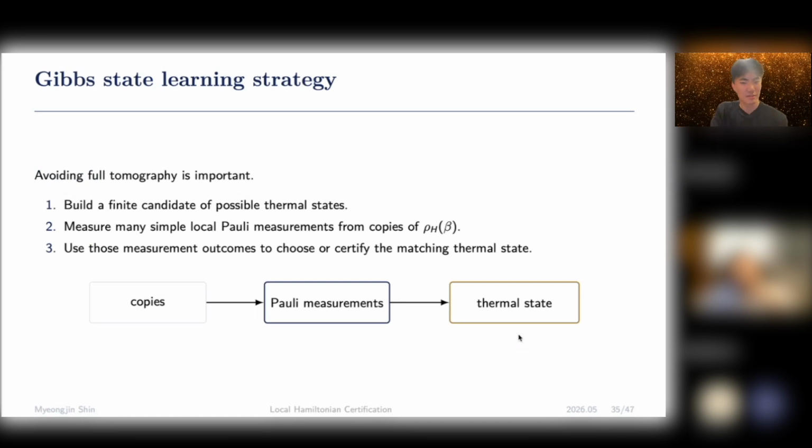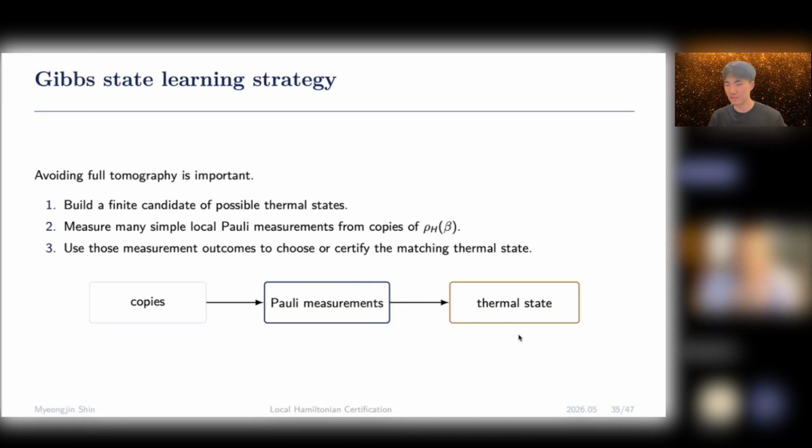So we're going to build a finite candidate set of possible Gibbs states, and measure many simple local Pauli measurements from the copies of the Gibbs state, and use those measurement outcomes to learn or certify the Gibbs state.